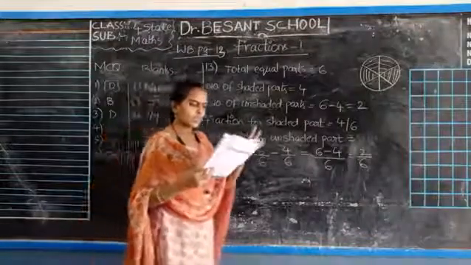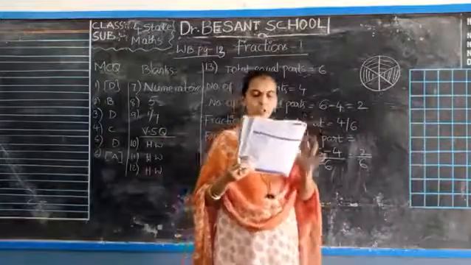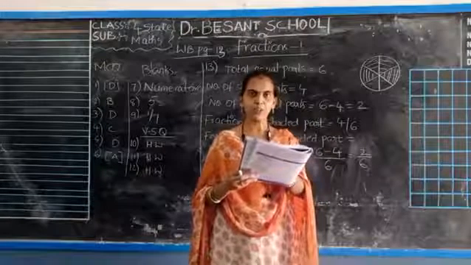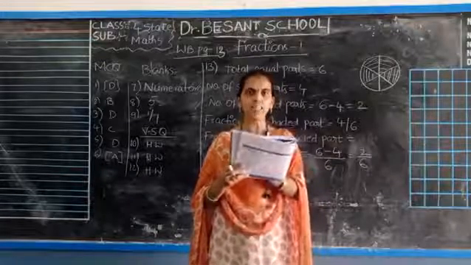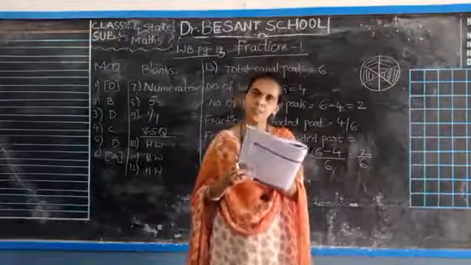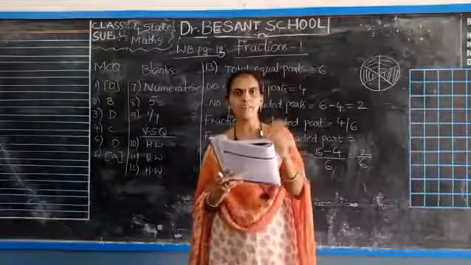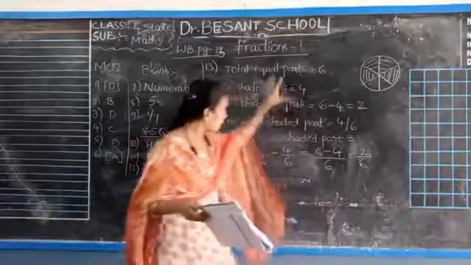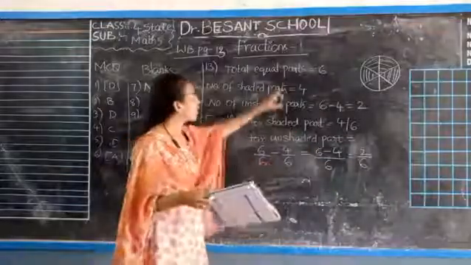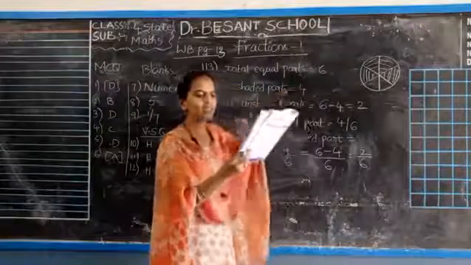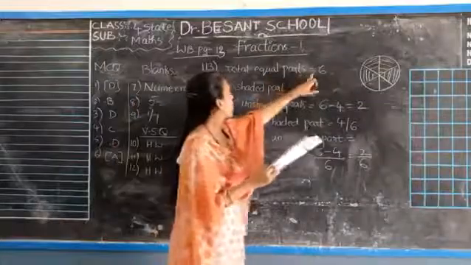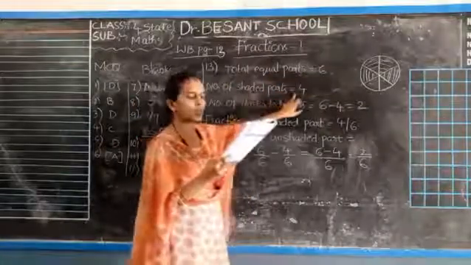So like that 13, will you do the 14th one? Similarly, the picture is clearly given to you. You have to find the shaded parts, total parts, and the fraction of shaded parts. From the total, we will subtract the shaded part fraction and we will get the unshaded part. Same working. In the 14th picture, 12 parts are given, so you will write 12 parts. Number of shaded parts is equal to 10.